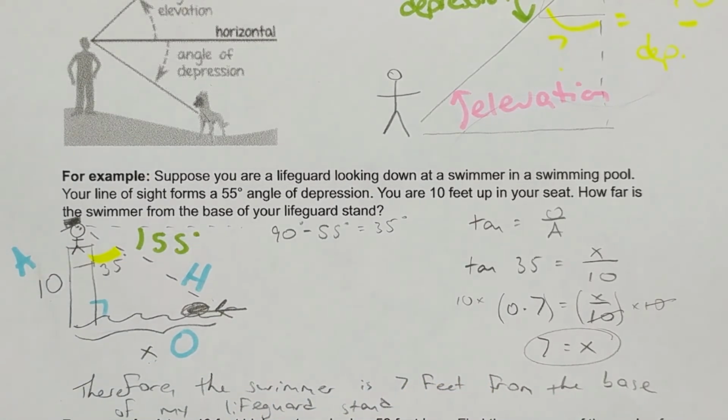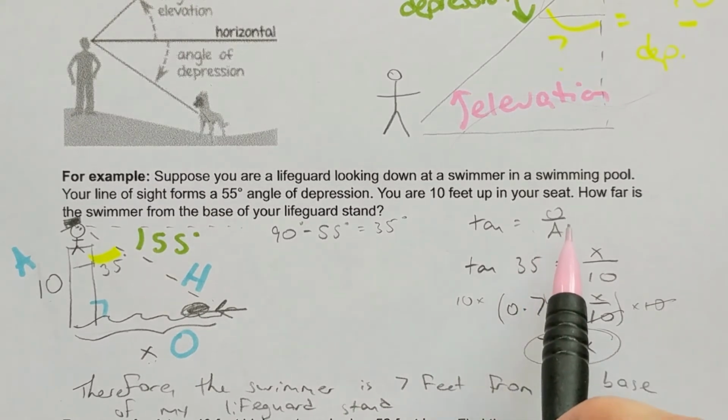Okay, the problem's all done. So remember, we started off by drawing a diagram and figuring out any information that we needed. We picked which ratio we needed to use, and then we solved just like we were used to doing.